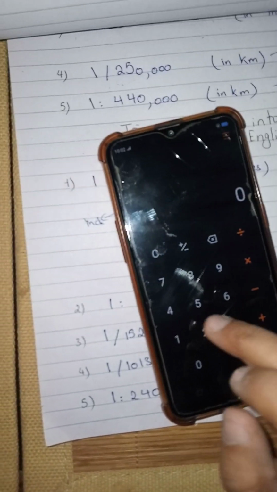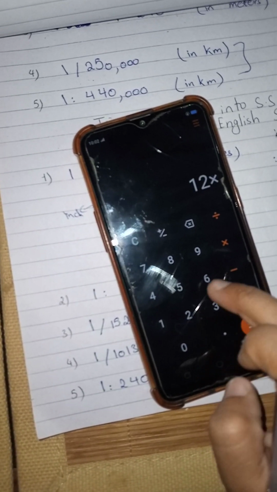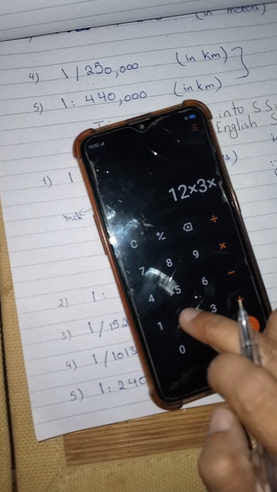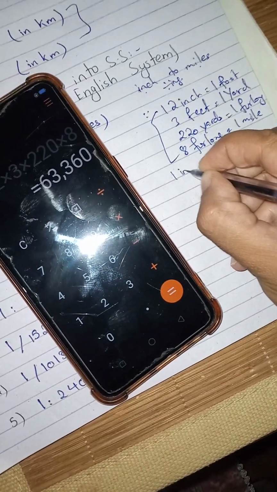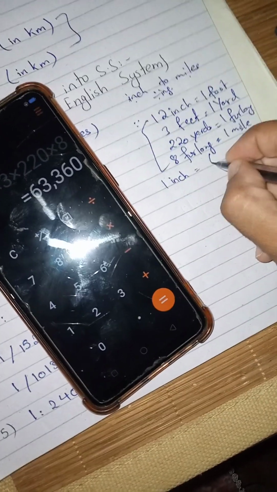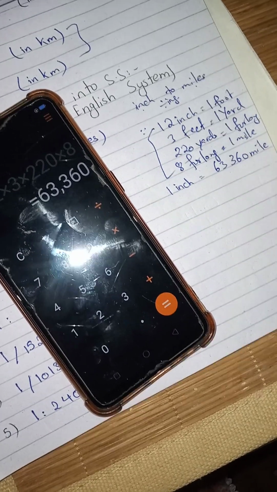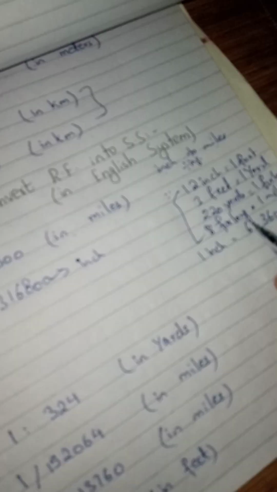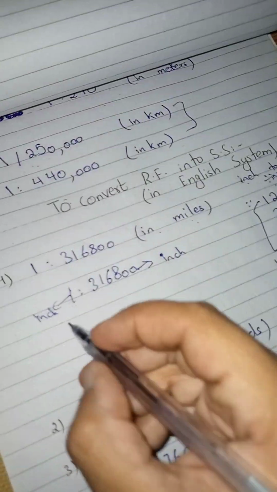What we are going to do is 12 multiplied by 3 multiplied by 220 multiplied by 8, which is equal to 63,360. So 1 mile is equal to 63,360 inches. Now we are going to use this value for dividing.